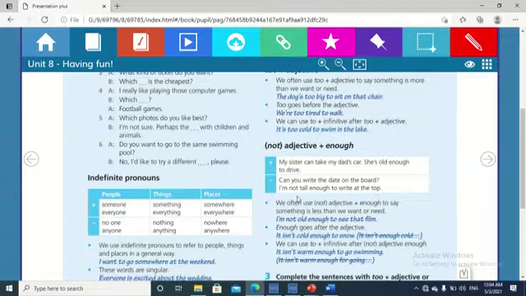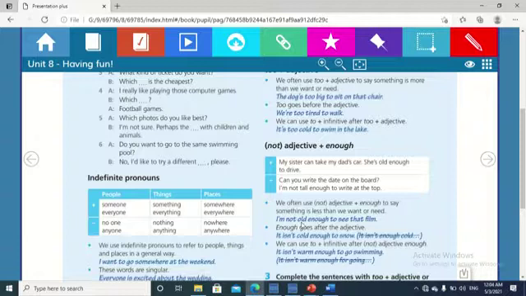So remember, we use too when we have a lot or more than needed. Now we say not enough. The adjective is not enough when we have less than we need. We often use not adjective enough to say something is less than we want or need. I'm not old enough.